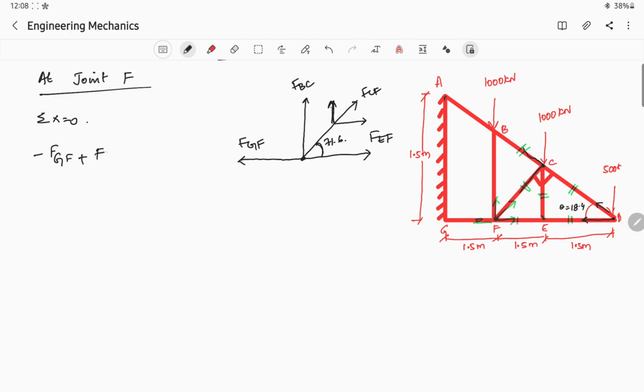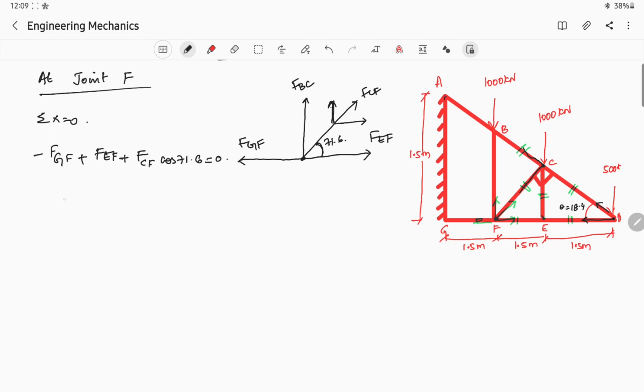plus force in member EF plus force in member CF into cos 71.6 equal to 0.